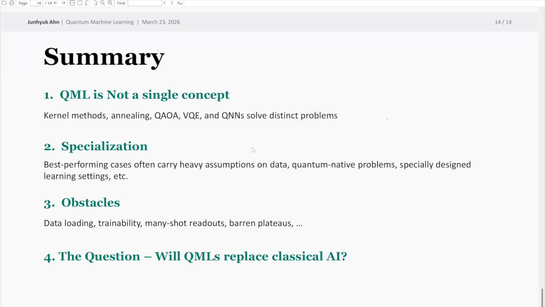So the next step will be how to use that quantum circuit, or how to make quantum circuits that require quantum machine learning processes that can actually help the industry right now. So, to summarize in short, QML might not replace classical AI right now, but it can act as a good, efficient solver for some specific problems. Thank you.